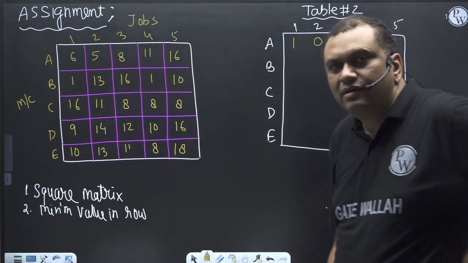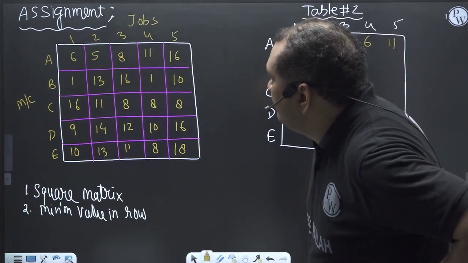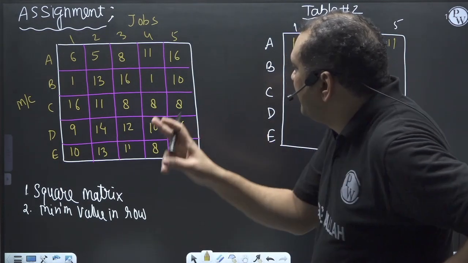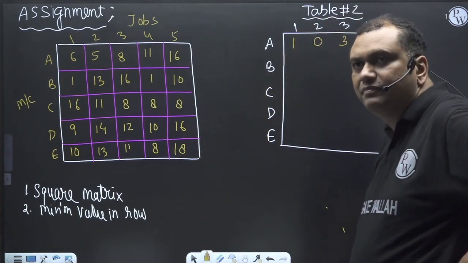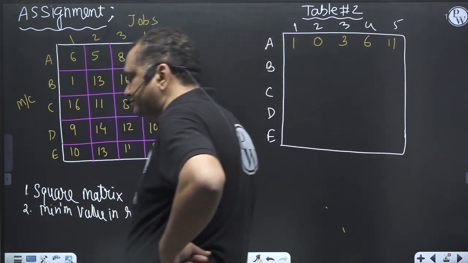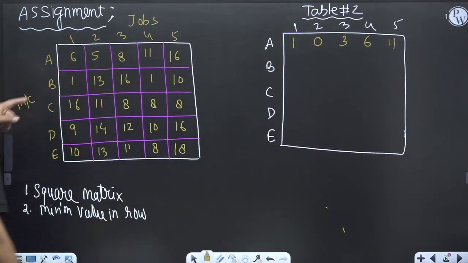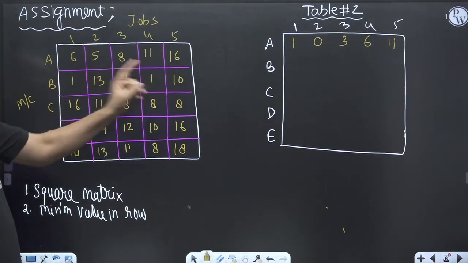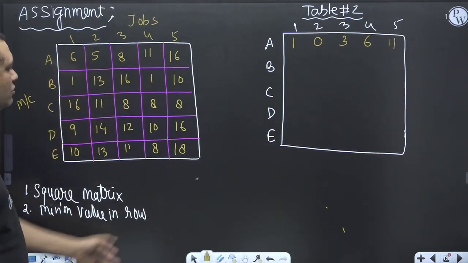Correct now? 5 is the minimum value in the first row. Subtract 5 from each and every element. You will get these values. In the second row, the minimum value is 1. So subtract 1 from each and every element of row 2.